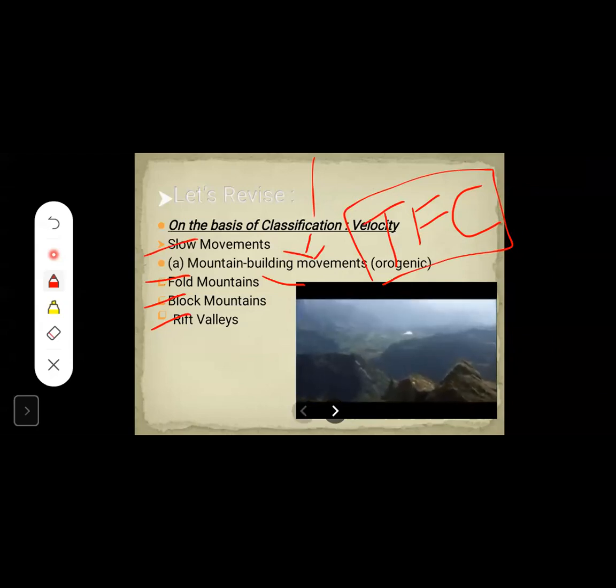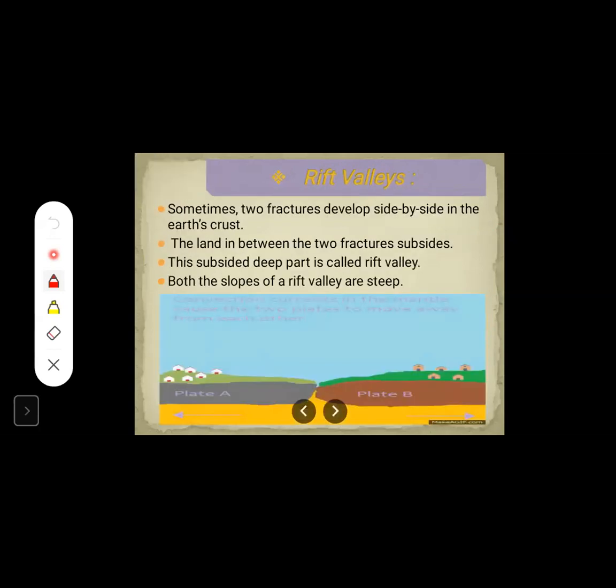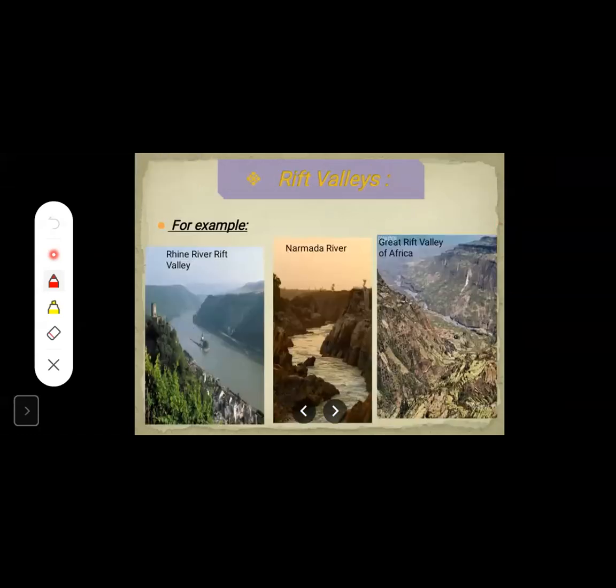You have to keep the diagrams in your mind. For the Rift Valley, just keep 2 things in your mind. See this, keep this image in your mind. Rift Valley, Narmada River, keep this example in your mind. And keep the actual image in your mind, so that you will easily be able to draw the diagram for a proper answer.